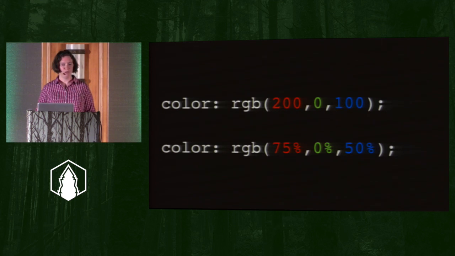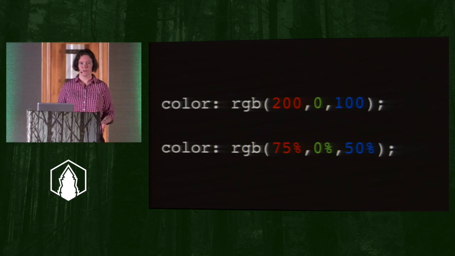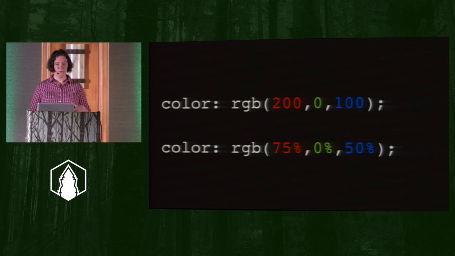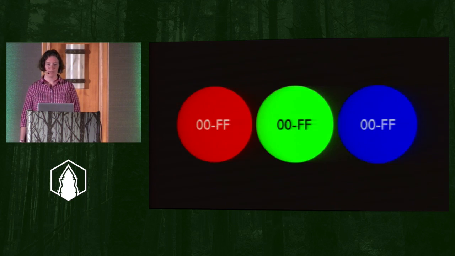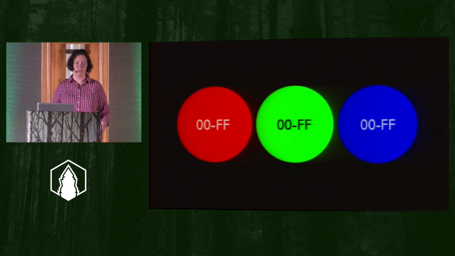It's pretty straightforward. The second line is the same thing, except we're using percents instead of integers. So we're going from 0% to 100%. An interesting thing to note, or just to remember, is you can't mix integers and percents in the same declaration. You can only use one or the other. Hex works the same way, except it uses base 16 numbers instead of base 10 numbers.